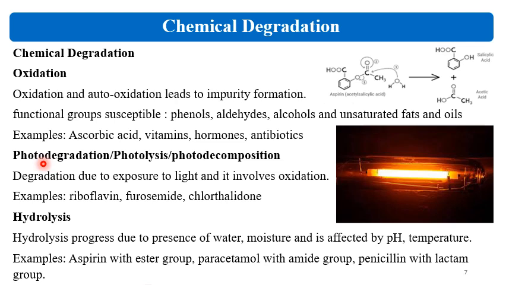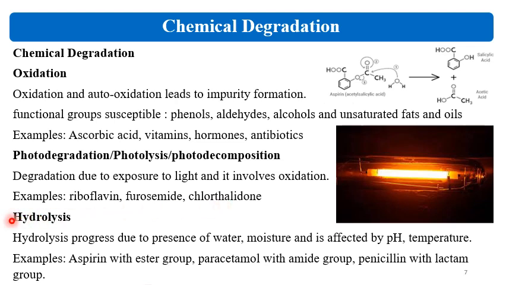Then comes degradation due to light, which is known as photodegradation, photolysis, or photodecomposition. In this, degradation is due to exposure of the formulation or drug substance to light, and this also involves oxidation many times. Light sensitive API examples are riboflavin, furosemide, chlorthalidone, and many more.